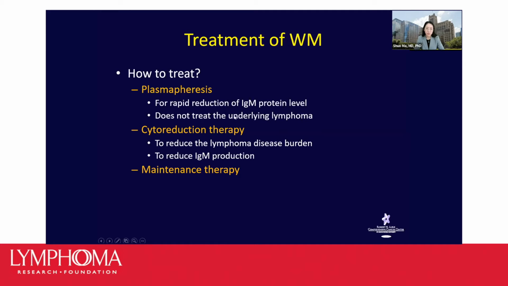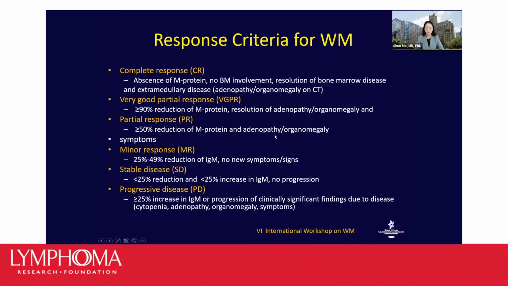The more relevant treatments are what we call cytoreduction therapy because we want to treat the underlying lymphoma. So the purpose of the treatment is to reduce the underlying lymphoma burden and, as a result, to reduce the IgM protein production. And then we'll touch on the maintenance therapy after that.